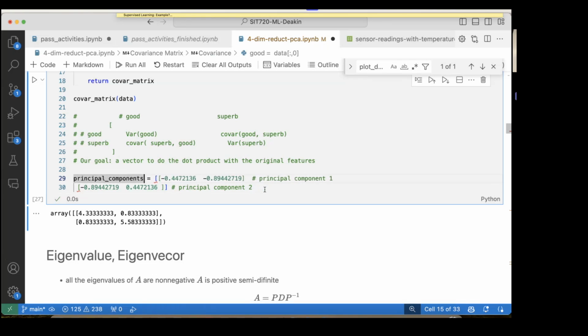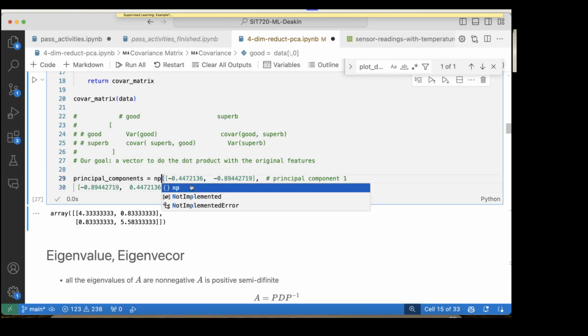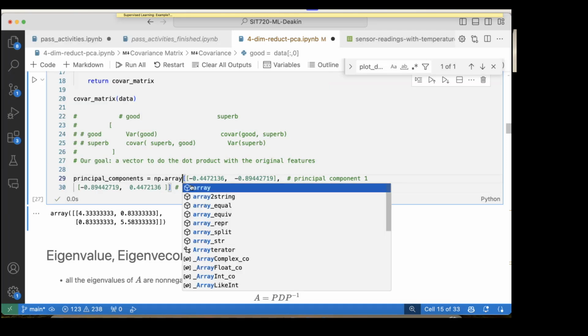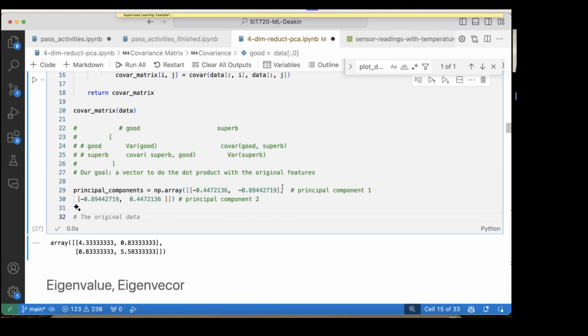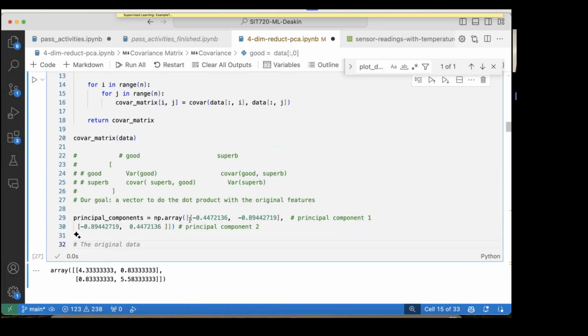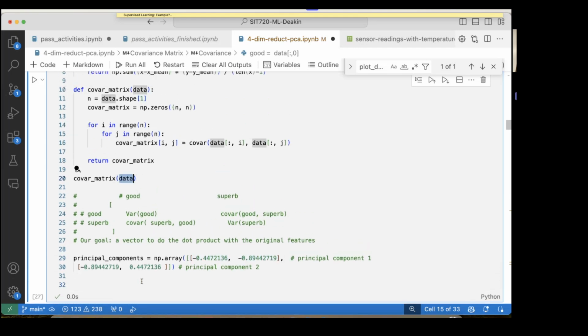Okay, let's transform the data now. We already have the vectors, so now we can really reduce our data. We can use this one to reduce our data into one dimension. Here is our data, right?